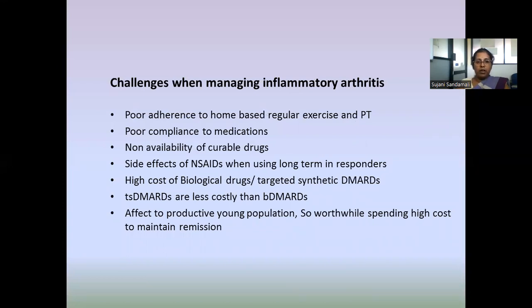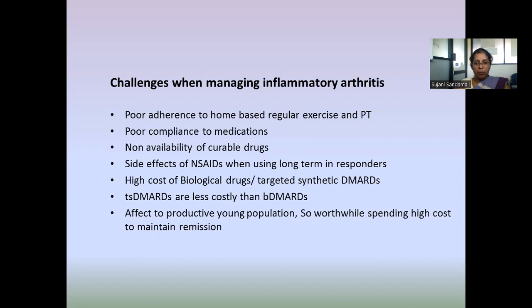So, what are the challenges when managing inflammatory arthritis? One major challenge is the poor adherence to home-based regular exercise and physiotherapy, because it is mandatory to keep the spinal movements good.